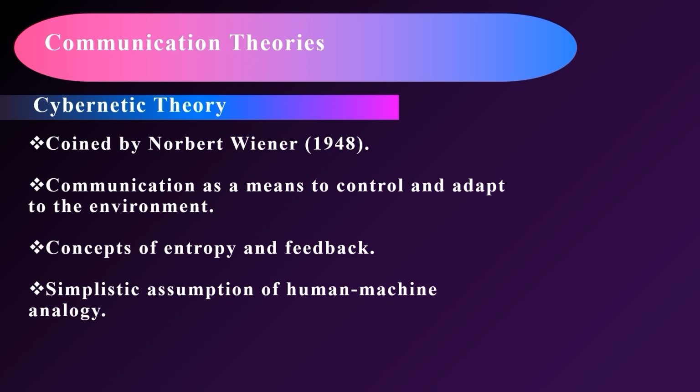The basic function of communication, according to Wiener, is to control the environment in which one lives. This idea suggests that the goal of human communication is to become familiar with a certain environment while simultaneously influencing aspects of it.